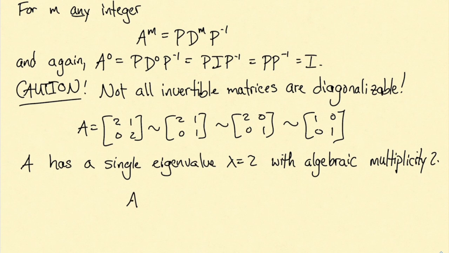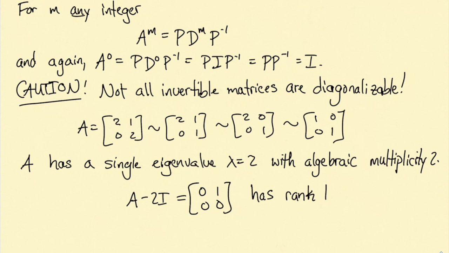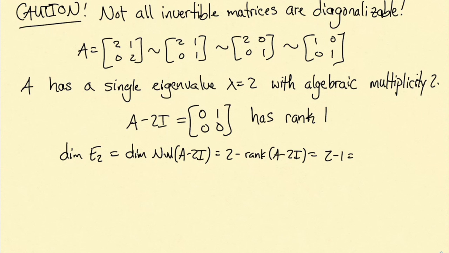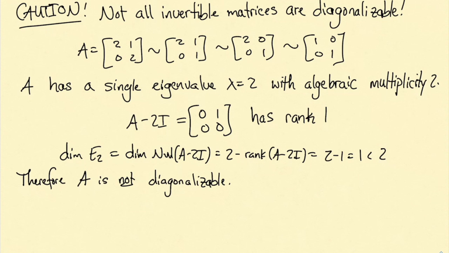However, the matrix A minus 2I, which has a single non-zero entry in the top right-hand corner, is a matrix of rank 1. The rank-nullity theorem tells us that the geometric multiplicity of this eigenvalue 2 is 2 minus 1, and that's just 1, which is strictly smaller than the algebraic multiplicity of 2.